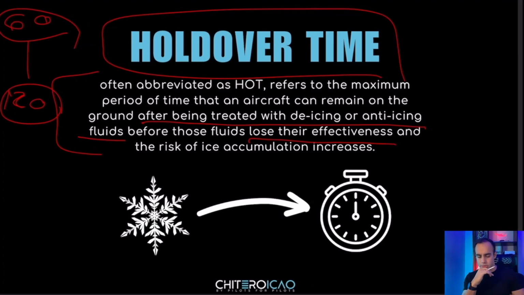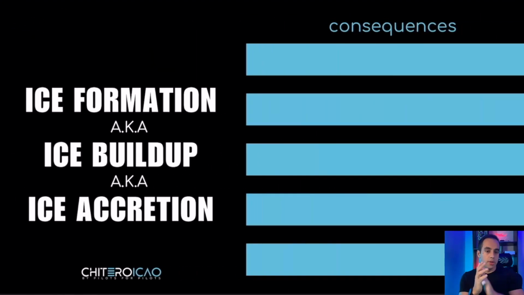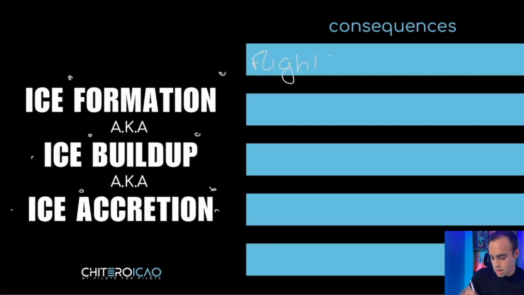Okay, right? Yeah, sure. Let's talk about this, guys. I want some examples here. What are the possible consequences of ice formation, also known as ice buildup, also known as ice accretion? Same thing, okay, guys? We can consider this the same thing. You can have ice buildup, ice accretion, we can have flight delays. What else? Imagine in the aircraft, what can this cause?